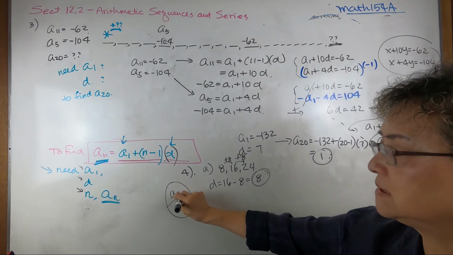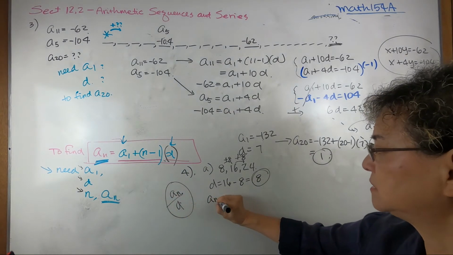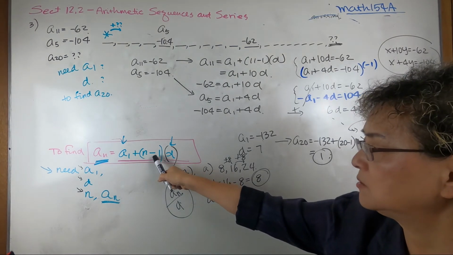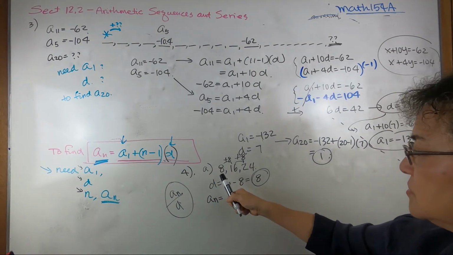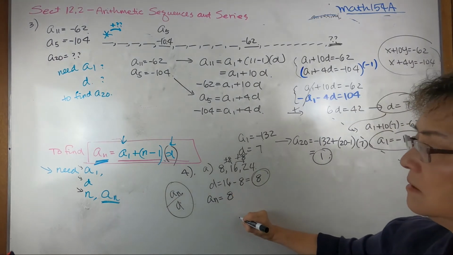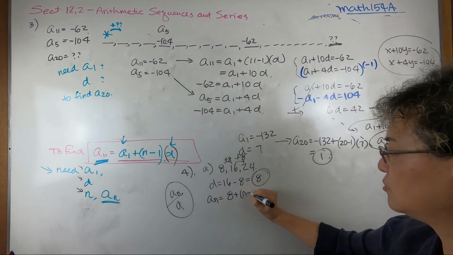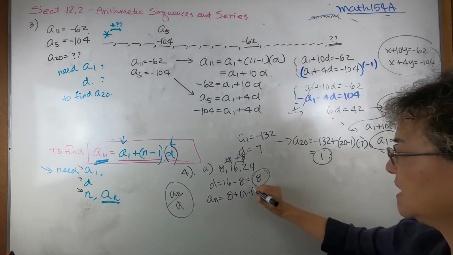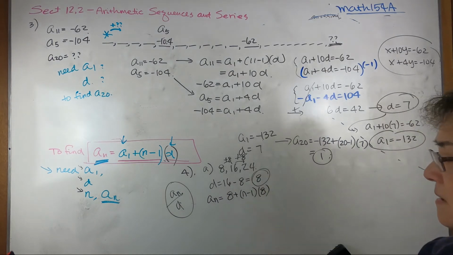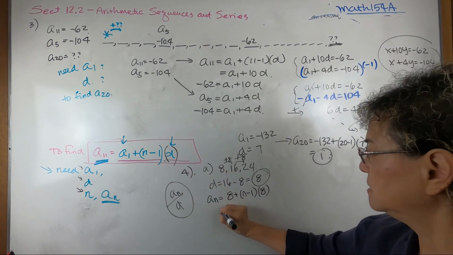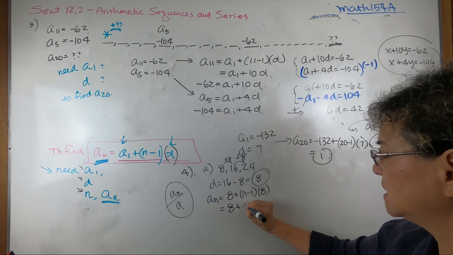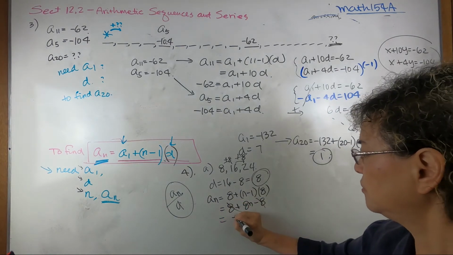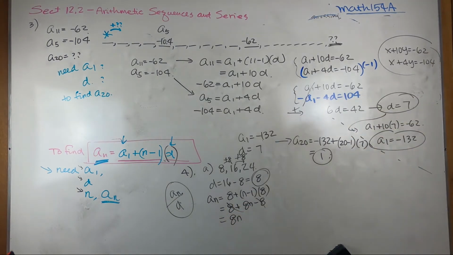Then we want you to write the pattern. General term means the pattern. It means what? A1 plus N minus 1 times D. So your A1 is 8, plus N minus 1. N is general, we didn't specify, so you just use N minus 1 times your D, 8. So you end up with AN equals 8N.